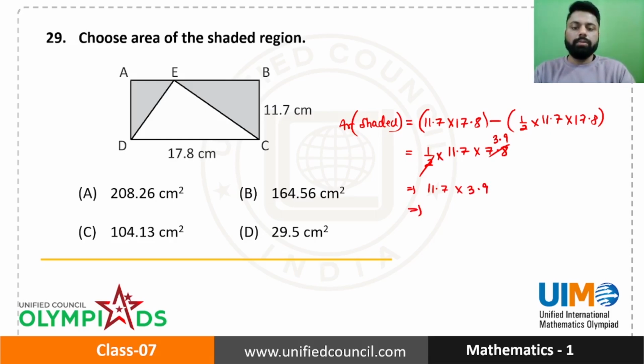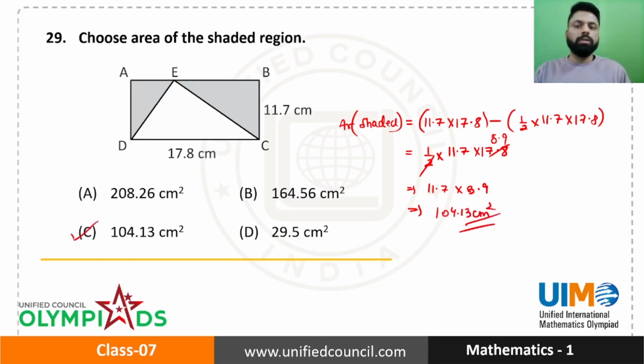So let's do the calculation. Okay, this is 17, not 7, this is 17. So this is 8.9. 17.8 divided by 2, 8.9 multiplied by 11.7. So this is equal to 104.13 centimeter square.